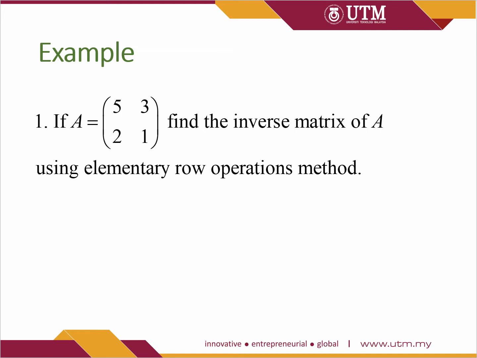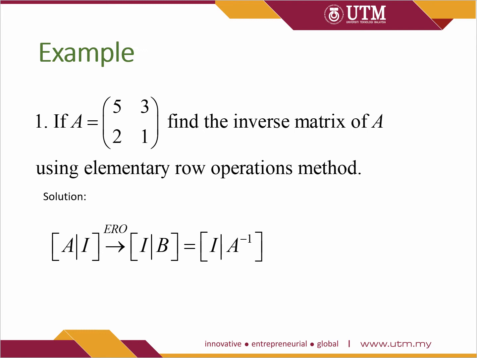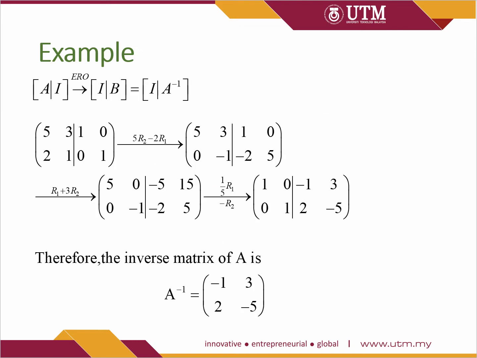Given A is equal to 5, 3, 2, 1, find the inverse matrix of A using the ERO method. So our aim is to perform the elementary row operations from the augmented matrix of AI to be in terms of the identity matrix with B, where B is represented as our inverse matrix of A. So for the first step, we write the augmented matrix.